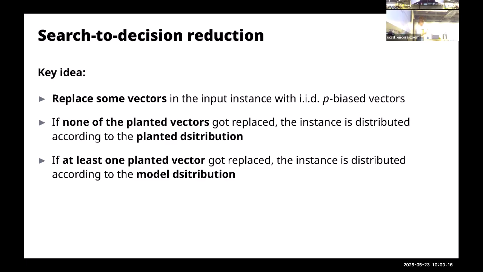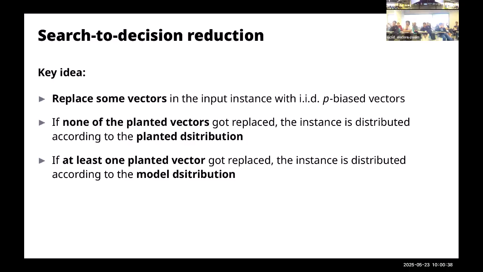On the other hand, if I pick at least one vector from the solution to replace, so I replace some non-empty set of solution vectors and some other vector, then the remaining vectors from the solution, their marginal distribution is the same as the model distribution.